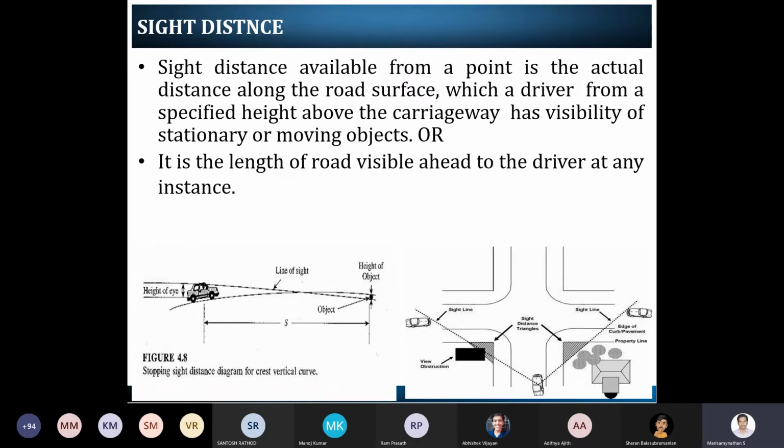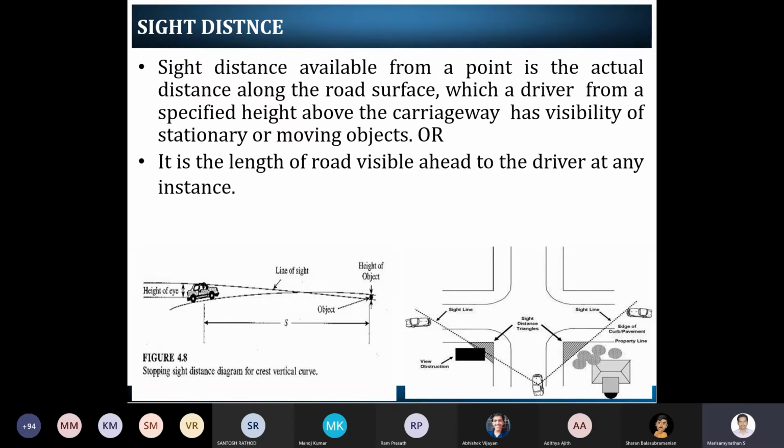To avoid that conflict, how is that driver reacting? He has to understand the situation, then decide to apply the brake. It will avoid that particular conflict. Once he starts applying it, the vehicle stops without making any conflict.